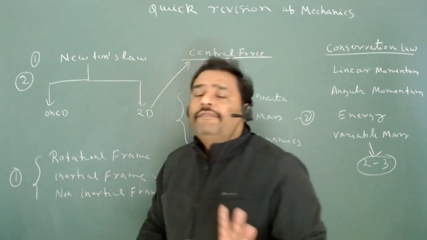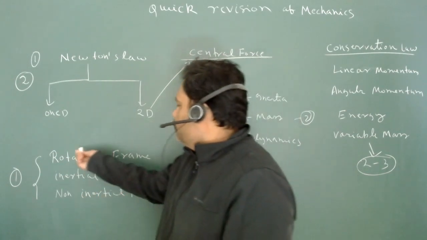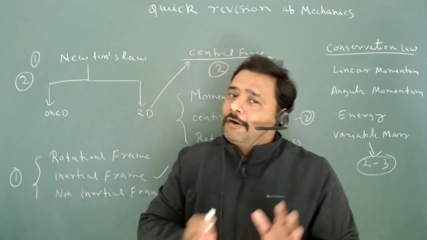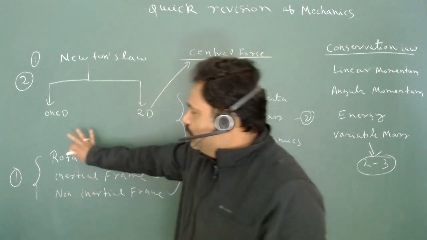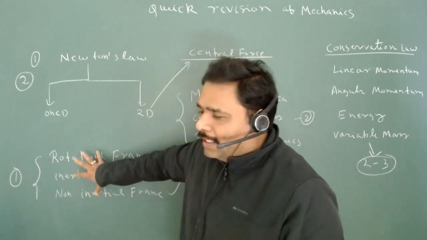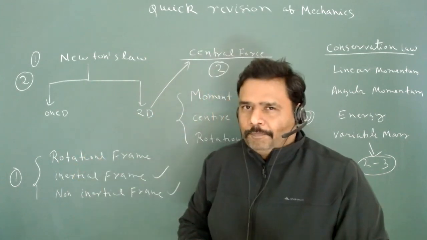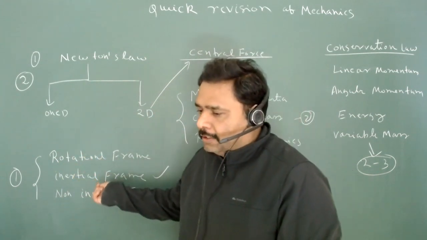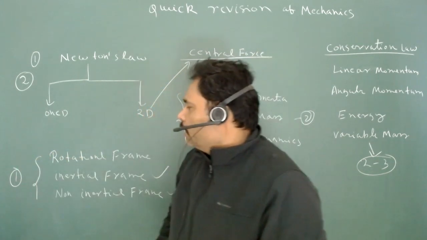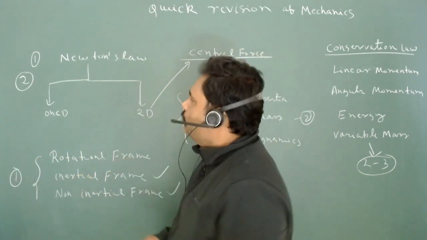In the non-inertial frame, they will mainly ask about the rotating frame, the Coriolis force or centrifugal force. This is also a very important topic, but it is very conceptual, and very few people attempt this question. But we will see how we can go for this topic and where we should focus.